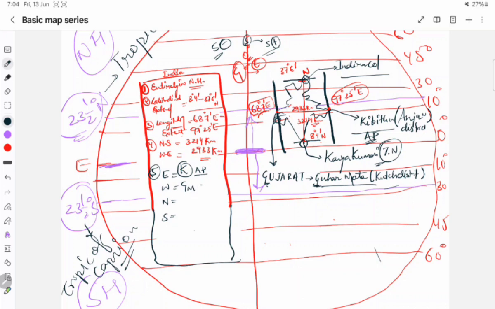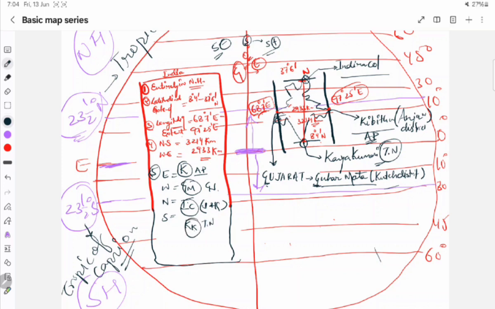What is the northernmost point? It is Indira Col, in Jammu and Kashmir. What is the southernmost point? It is Kanyakumari, in Tamil Nadu, right?